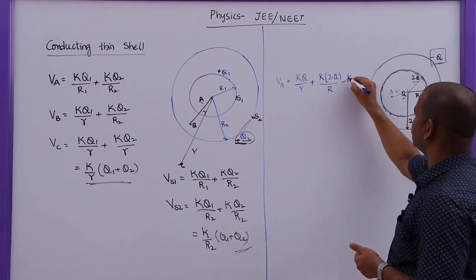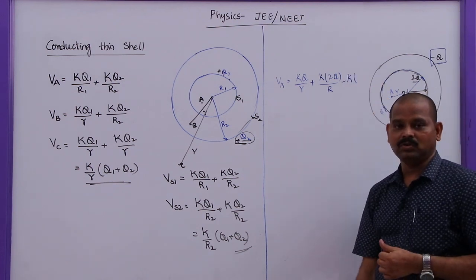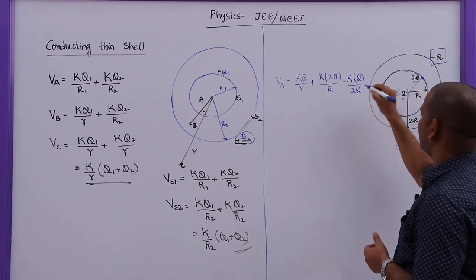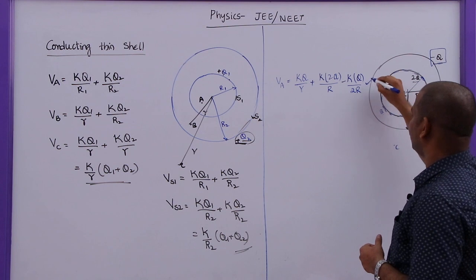This is given by minus KQ by 2R, because the potential due to a negative charge is negative. So this is the potential at point A.